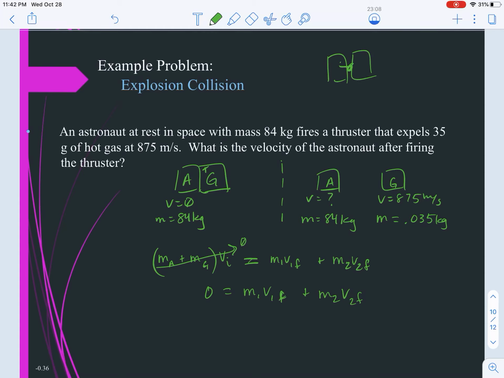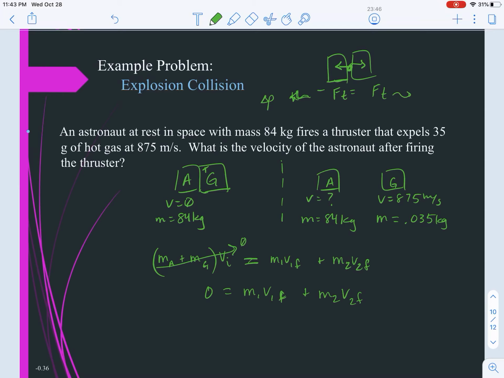So when they make that contact, the gas exerts a force onto the astronaut and the astronaut exerts a force onto the gas. The forces are equal in magnitude, but opposite in direction. They are applying a force because of contact, so therefore their times are the same, so their changes in momentum are the same, okay?